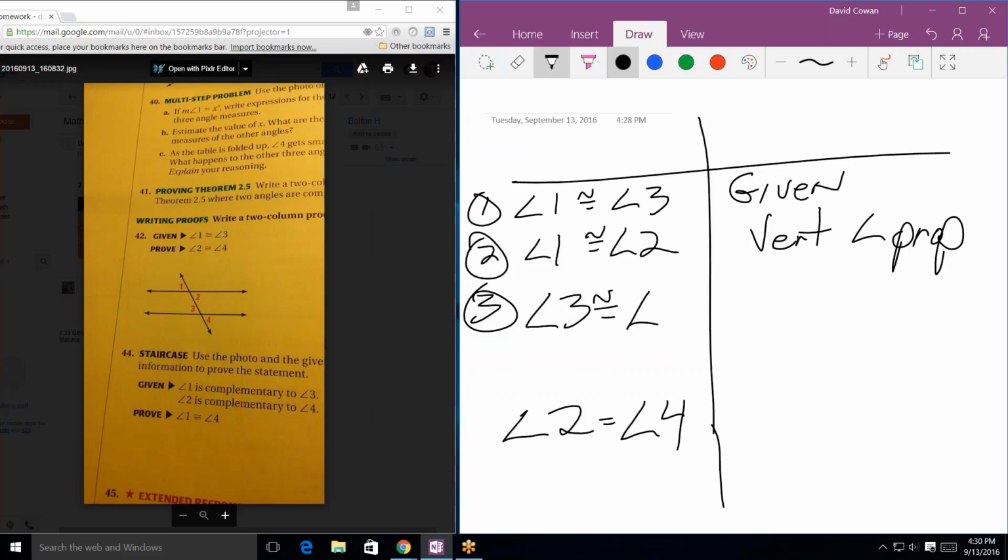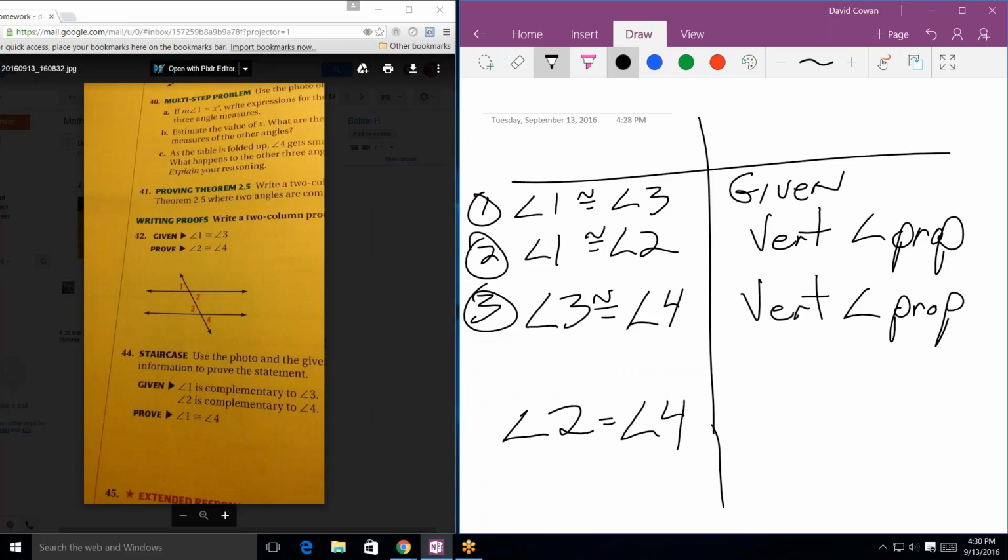I'm always using the congruent sign, because I don't want to write it the long way and say the measure of. It's confusing to some people, the difference between congruent and equal, but it's not confusing. It's just a matter of whether I actually want to write it out.